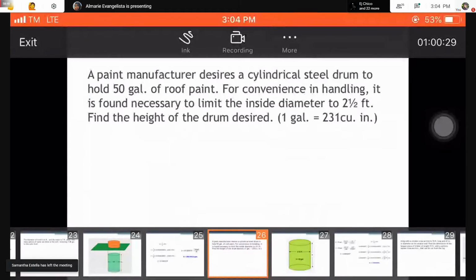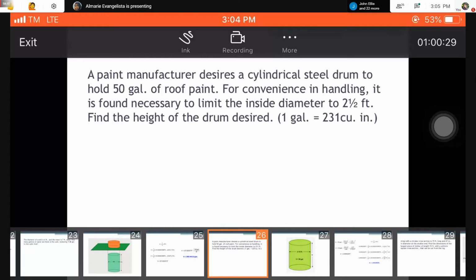Since na-convert na natin yung volume, equate na natin siya. Ang volume natin is 6.68 cubic feet. Ang formula ng volume ng cylinder kapag given ay diameter is 1/4 times pi d squared h.